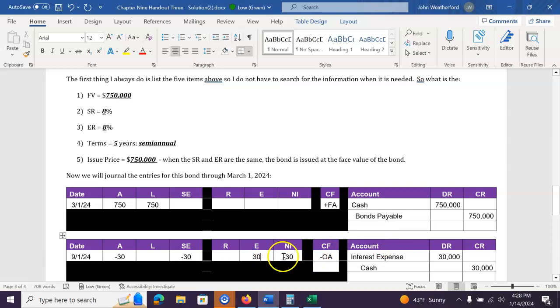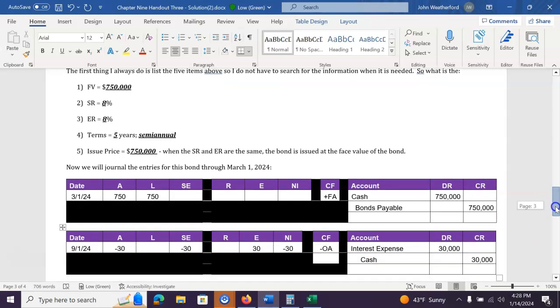The expense increased, causing net income and stockholders' equity to decrease, and assets decreased as well through cash, right? All right, now what's going to happen? Interest is going to build up on these bonds in September, October, November, and December. So 4 months worth of interest will build up by the financial statement date, year end.